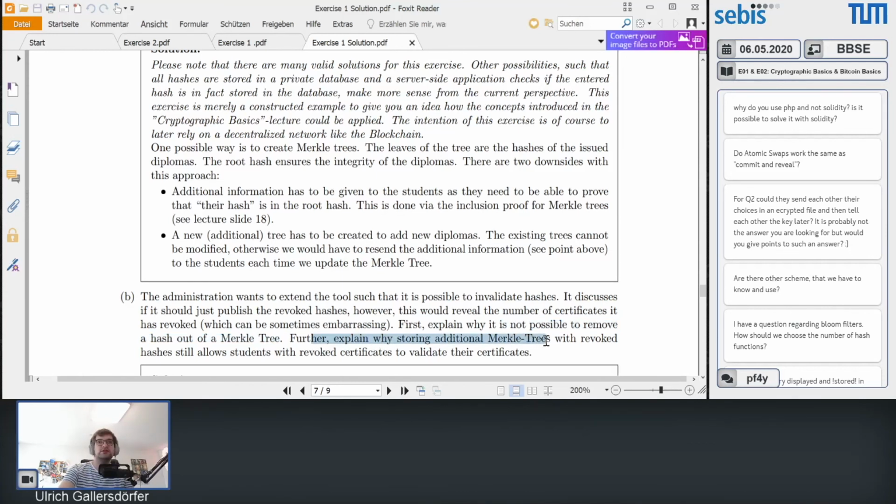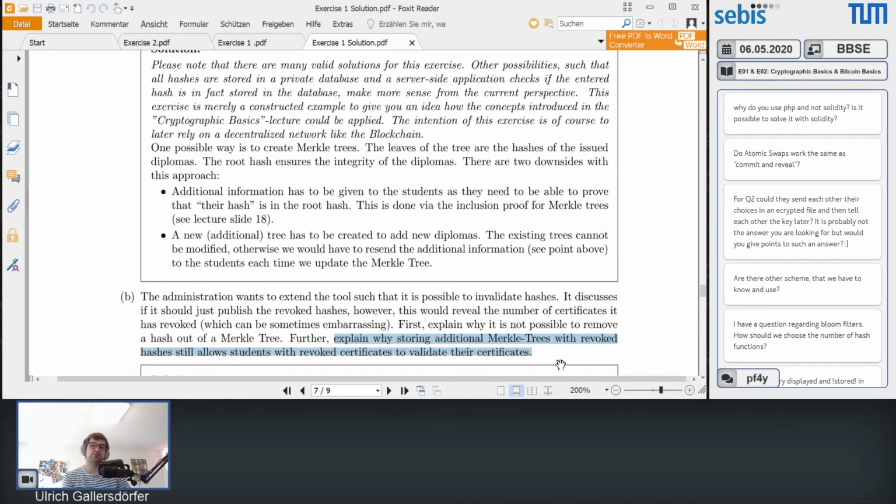Further, explain why storing additional Merkle trees with revoked hashes still allows students with revoked certificates to validate their certificates. This is also an interesting point. If you would publish Merkle trees with revoked certificates, there is a downside to that, or it would not work. Why?